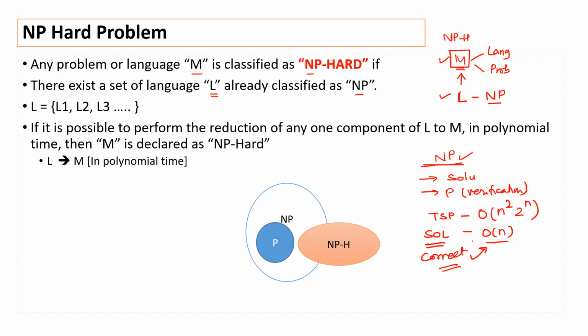So this is called NP. And if an NP problem can be reduced to any given problem which is to be proved as NP-hard, then this reduction should happen in polynomial time. If this transformation happens, then M is called NP-hard. So this is the reduction from problem X to problem Y.